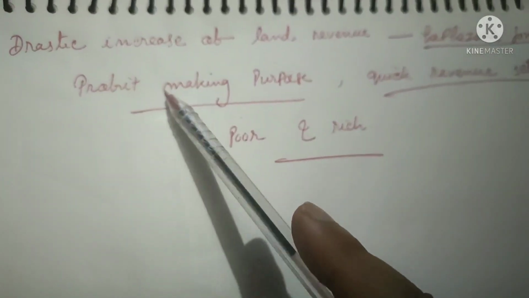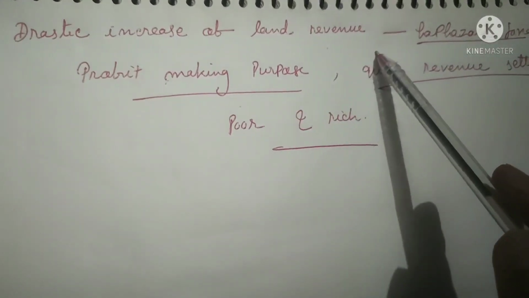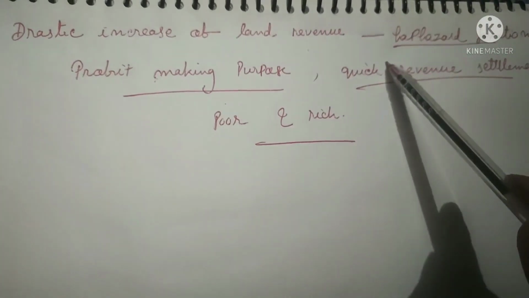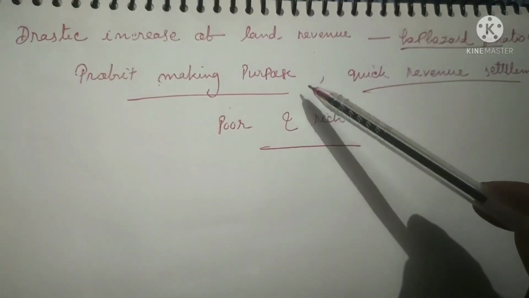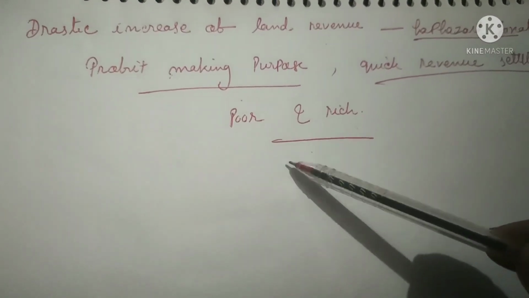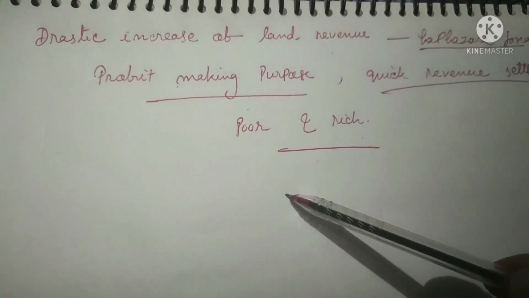In that way, drastic increase of land revenue. As a result of the drastic increase of land revenue, both the poor and rich sections of the society were equally affected.